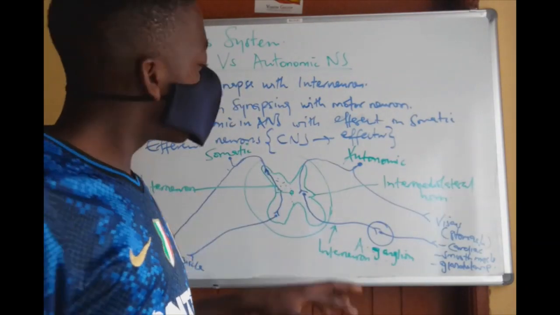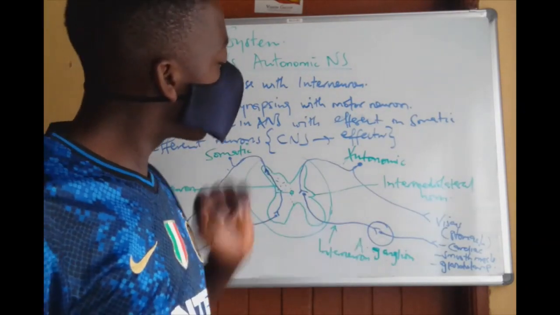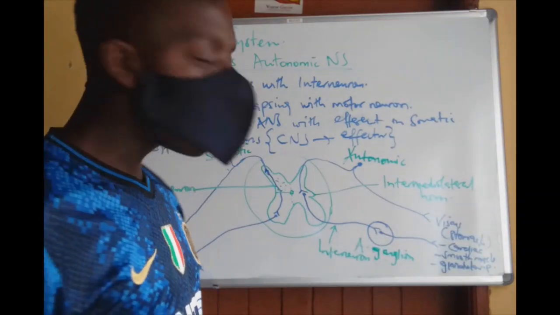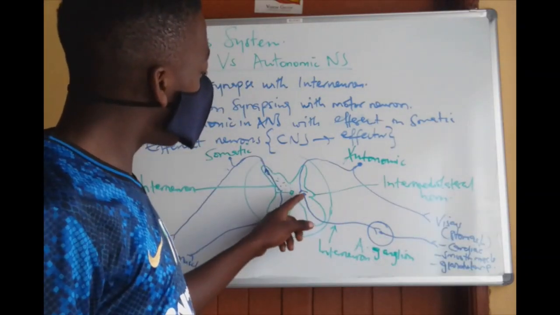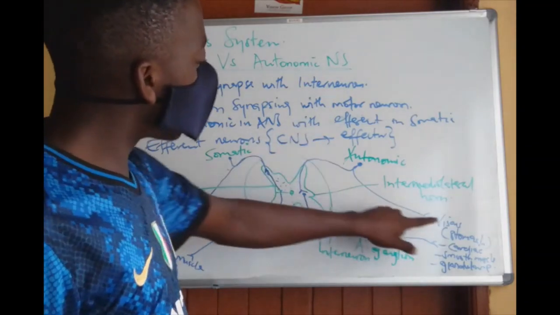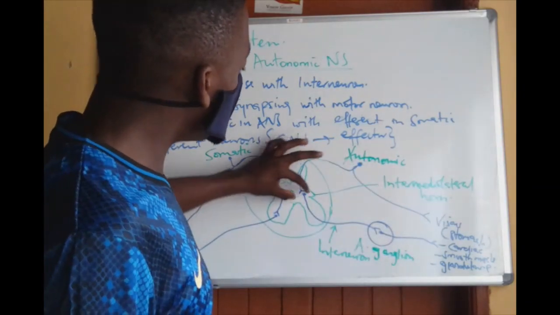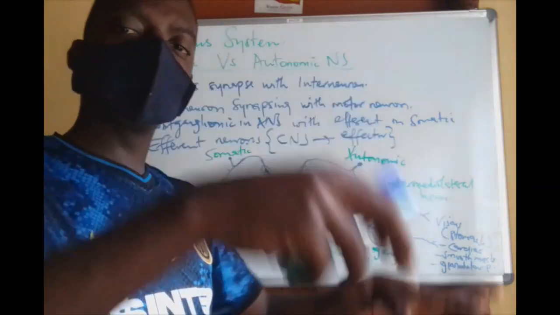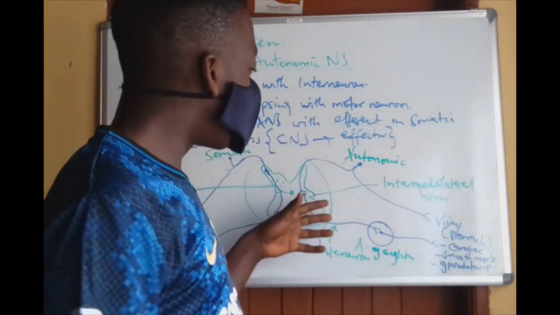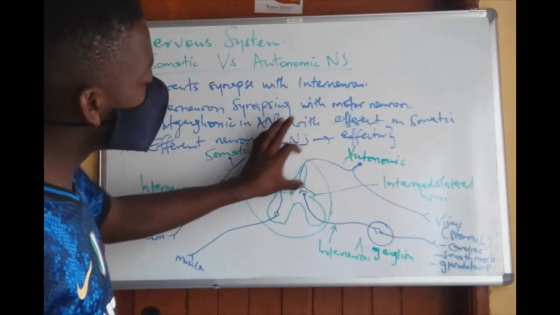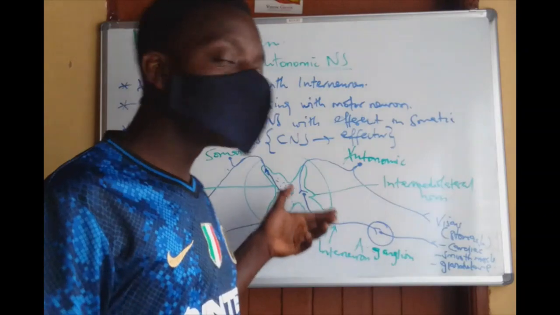The location, the length of the preganglionic fibers and postganglionic fibers, we shall talk about, because this side is similar, but the difference comes from here. Levels of the spinal cord, that is basically what we call the difference. But this afferent is similar, the pseudounipolar neuron is similar, but the difference comes from these motors which are getting away.